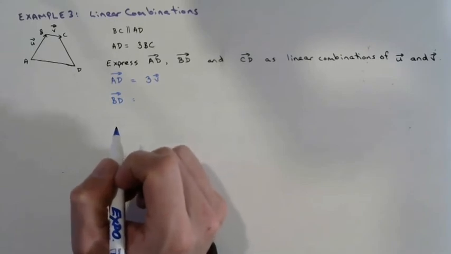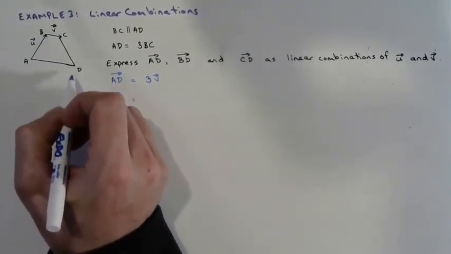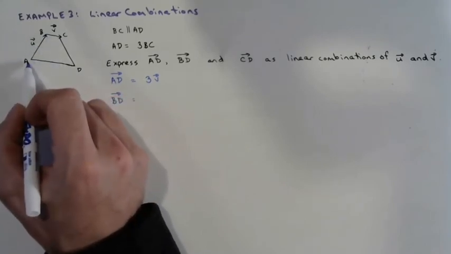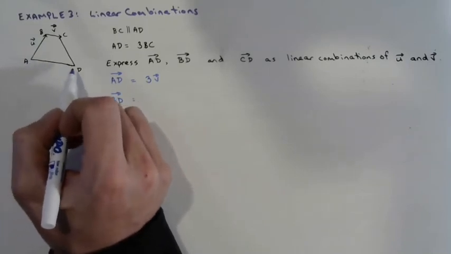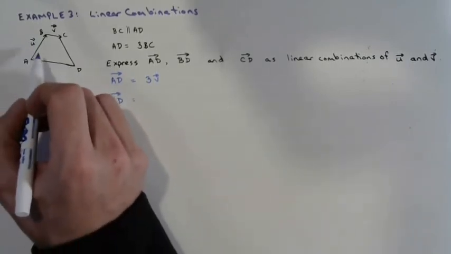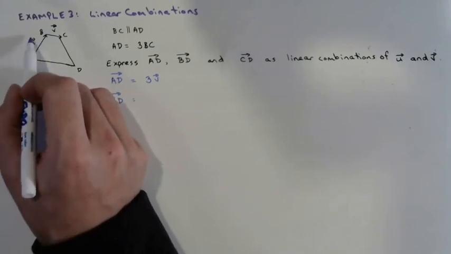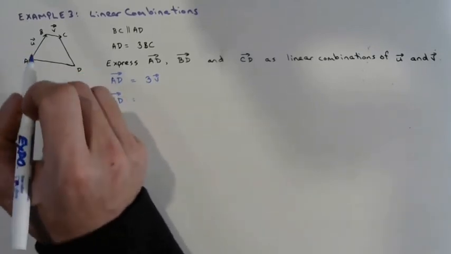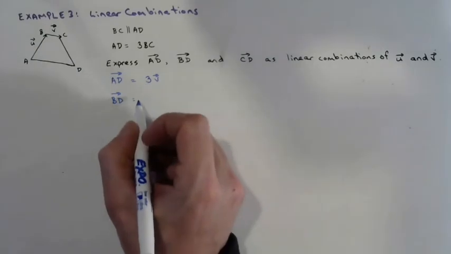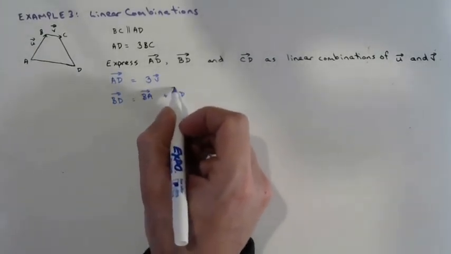All right, let's look at BD. How do we create BD? Well, BD is BA plus AD. Okay, we already have an expression for AD, and BA is the opposite of AB, which is vector U. We're going from B to D. We're going to go BA plus AD.